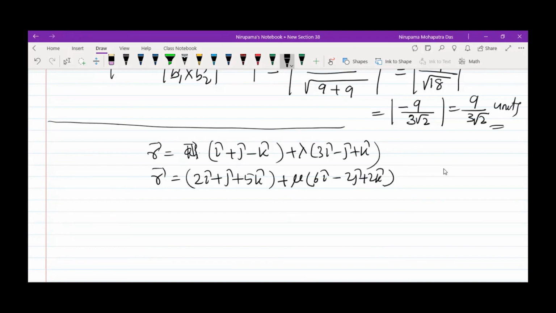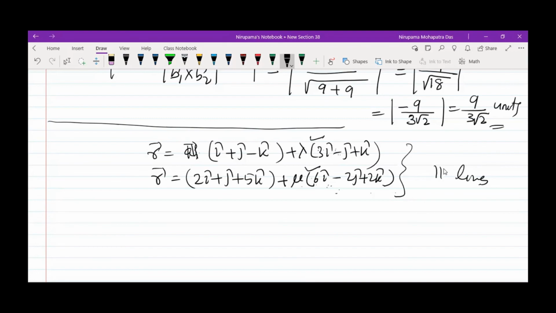Now here you can see b1 and b2. These two should be parallel, collinear vectors. If you see 3 by 6, minus 1 by minus 2, 1 by 2, the direction ratios are proportional. So it shows these two lines are parallel lines.